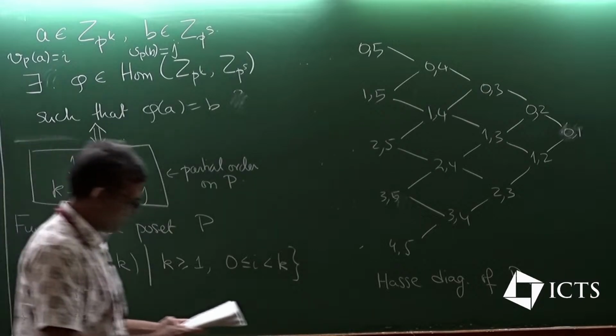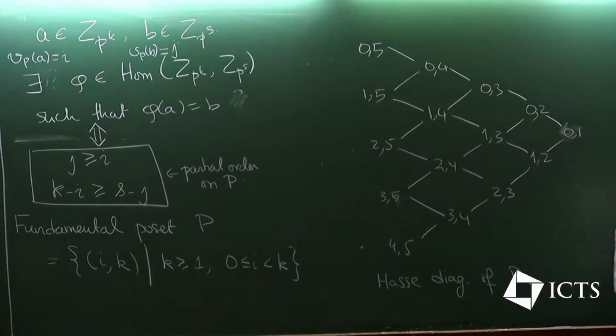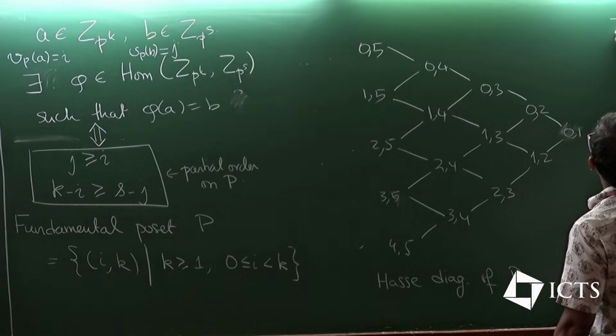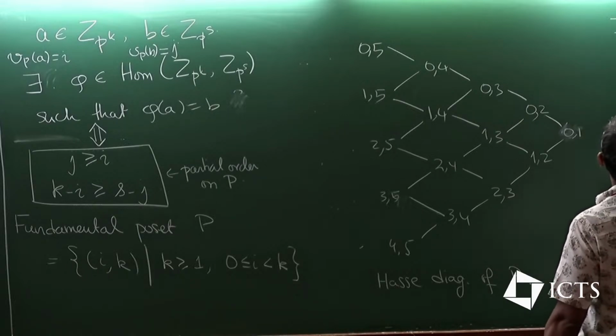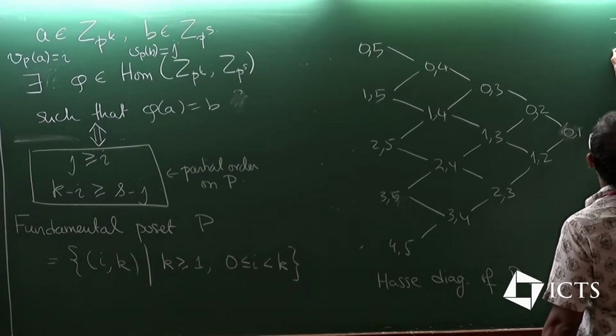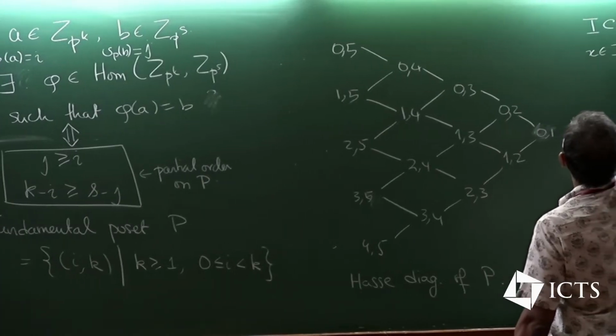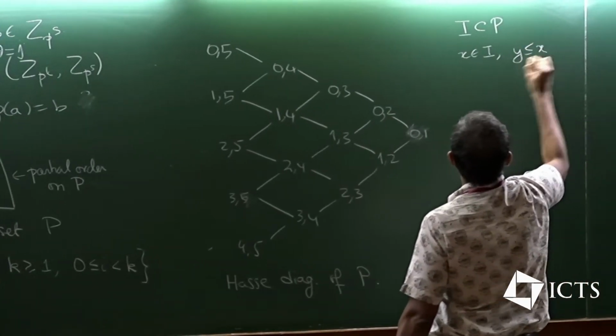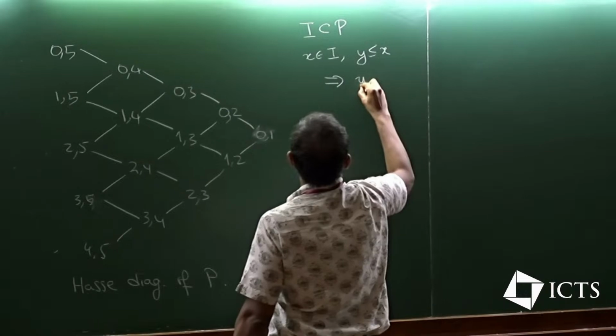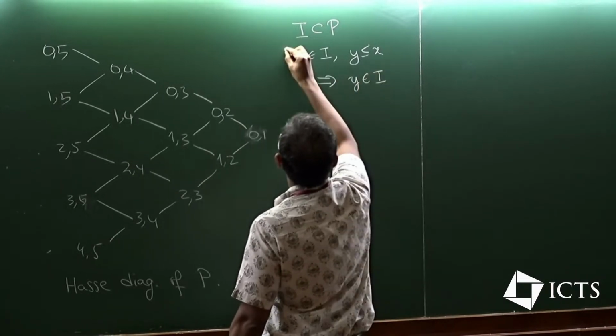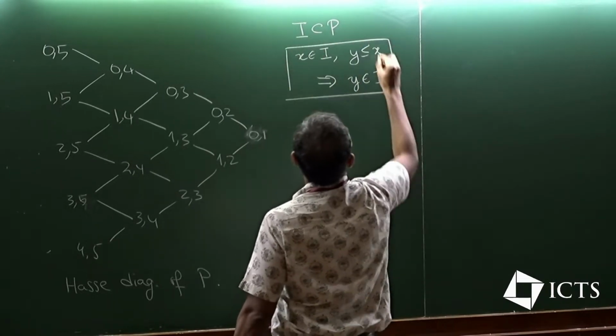So the idea here is to associate to each element of an abelian group a certain ideal inside this poset. So if P is a poset, an ideal I is a subset such that if X belongs to I, and Y is less than or equal to X, then Y belongs to I. So this is the definition of ideal.